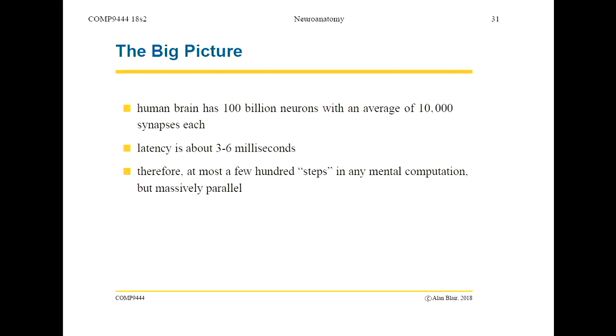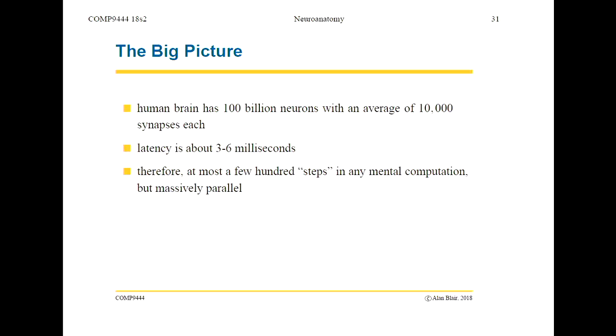Okay, so that's the microscopic level with just one neuron, but what about the big picture? Well, the brain has 100 billion neurons, and on average, 10,000, yes, that's right, 10,000 synapses each. So on average, one neuron is connected to 10,000 other neurons.